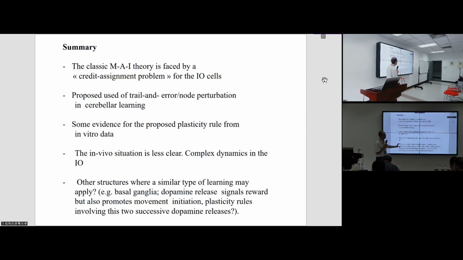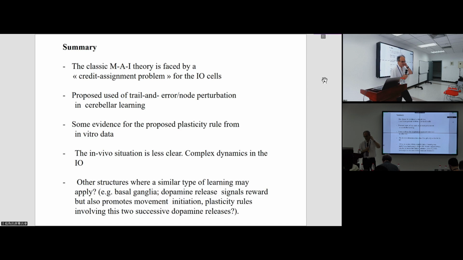And the last point is that the fact that you perturb, and use the perturbation to go in one direction or the other, may be used in other structures. So one can wonder about that.